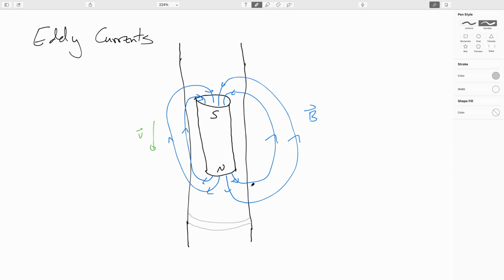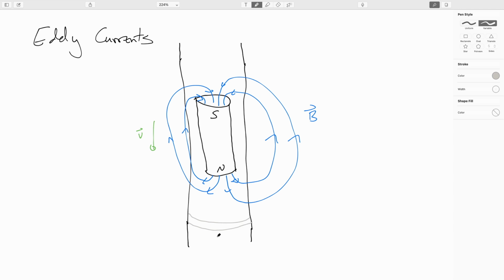As the magnet falls down and approaches this ring, is the flux through this ring going to go up, go down, or stay the same? Pause and get back with me. So yeah, it's going to go up.